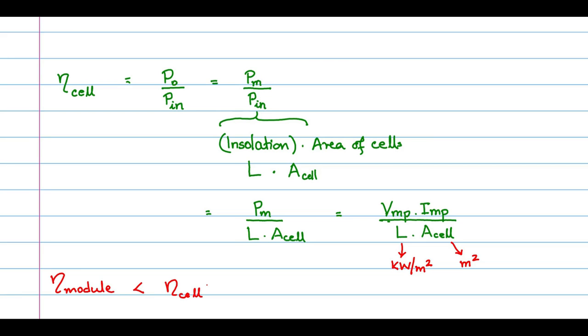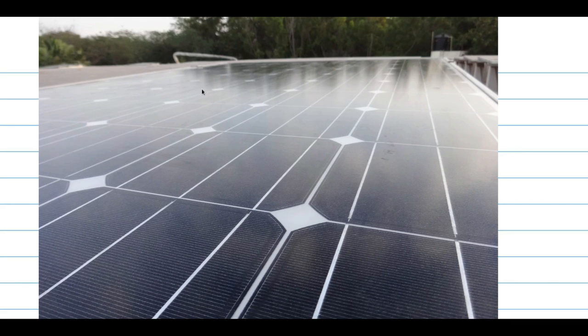Now, let us look at this difference. Consider a PV panel. This is actually a 6 into 10 cell panel. Each is a cell. This portion, as I am indicating with the mouse cursor, is a cell. There are 10 such in this column, and there are 6 horizontal.